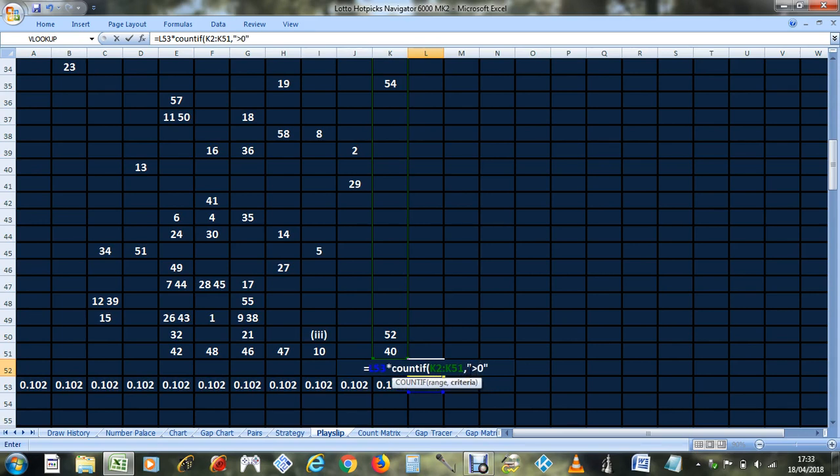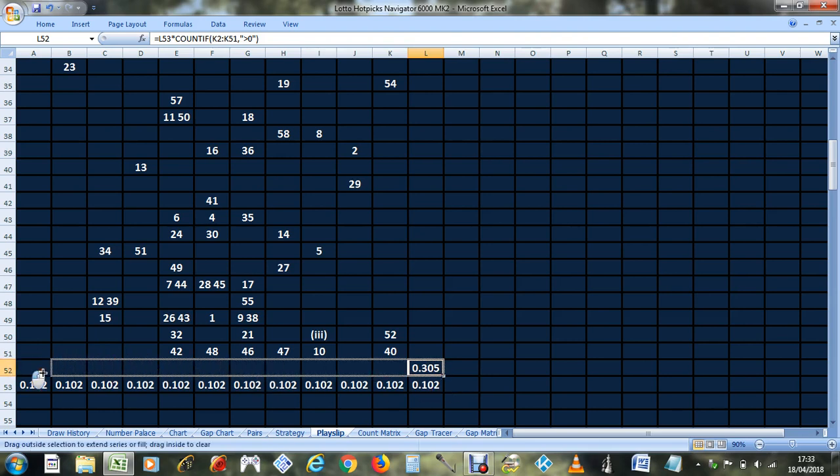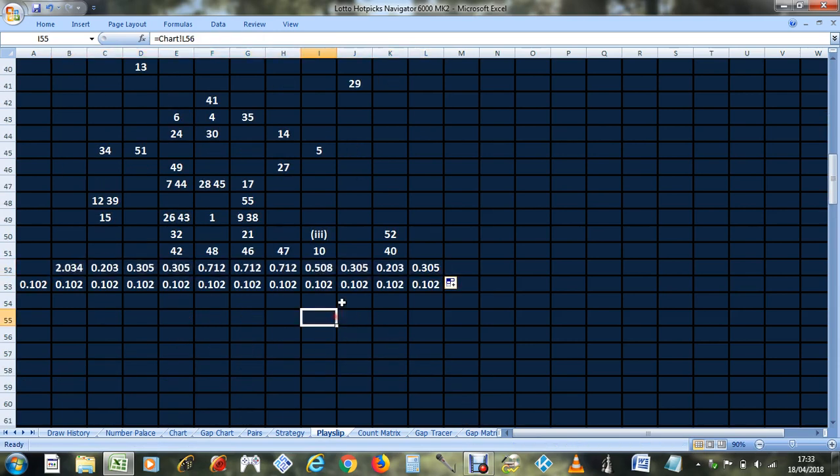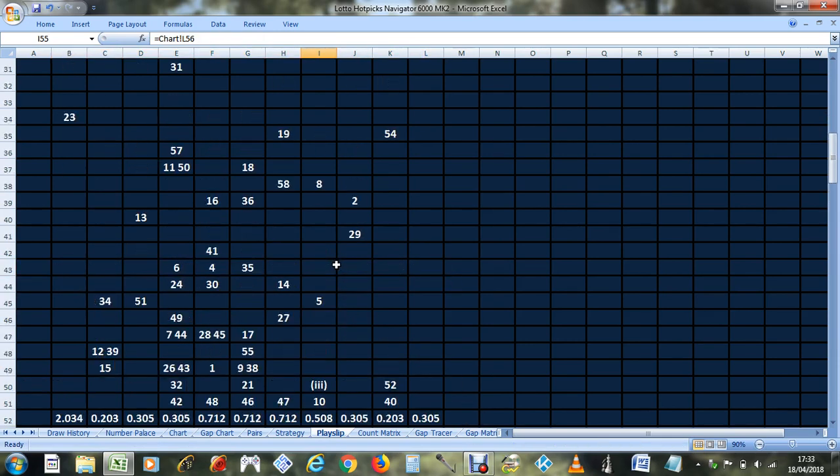So we'll count the numbers, or basically the number of squares that are occupied, and multiply by the probability of each number occurring.